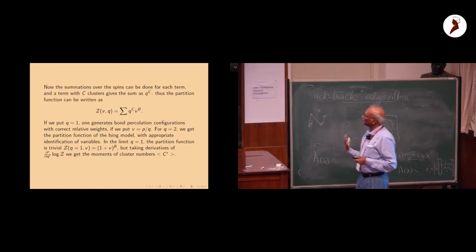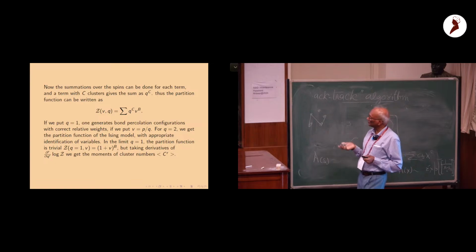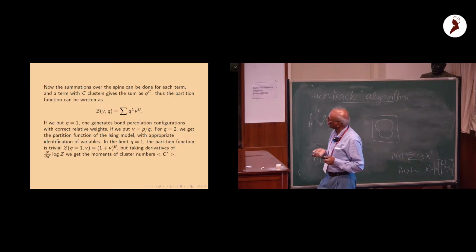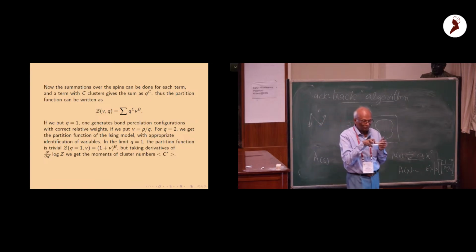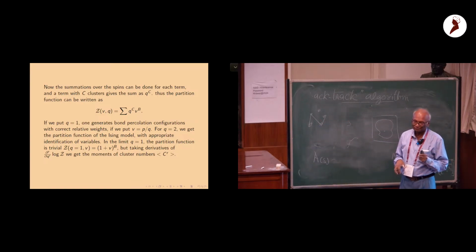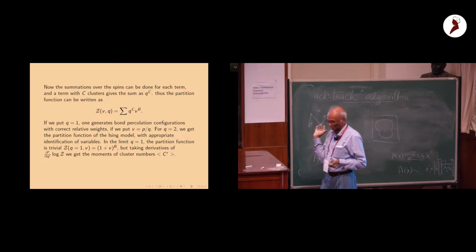So in the summation over spins, each term with C clusters gives q to the power C, and the partition function can be written as Z(v,q) is q to the power C times v to the power number of bonds, because each bond has a v term.